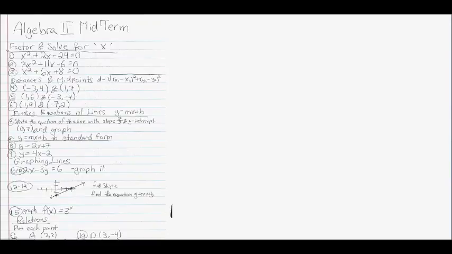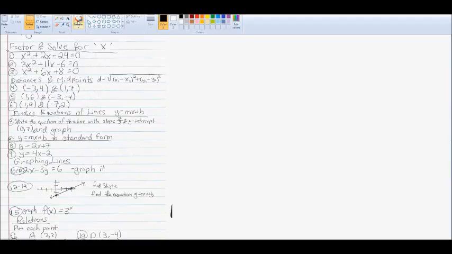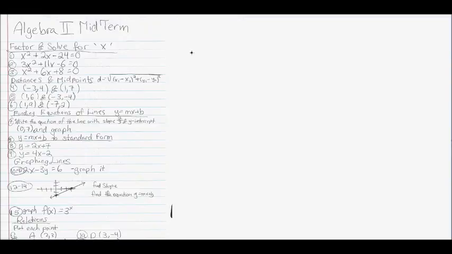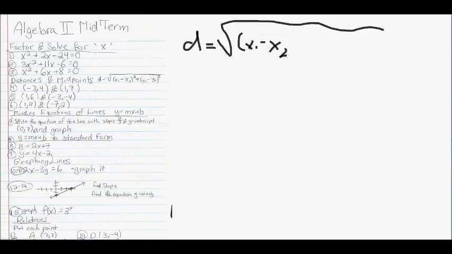Going to erase that and move on to the next problem, which is our distance formula for number 4. The distance formula is d equals the square root of x1 minus x2 squared plus y1 minus y2 squared.